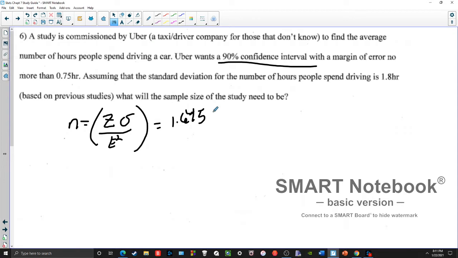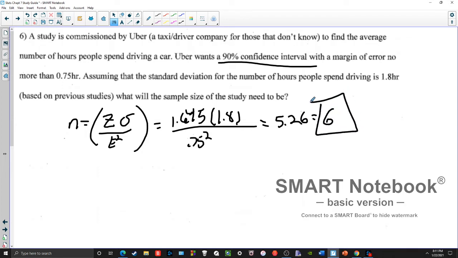And then we have a sigma of 1.8 and an E of 0.75, and then squared. You would type all this math in, and you would get 5 point, I think it's like 26, which you always round up to 6, right? That has to be your sample size if you want to have a 90% confidence with a margin of error of no more than 0.75.